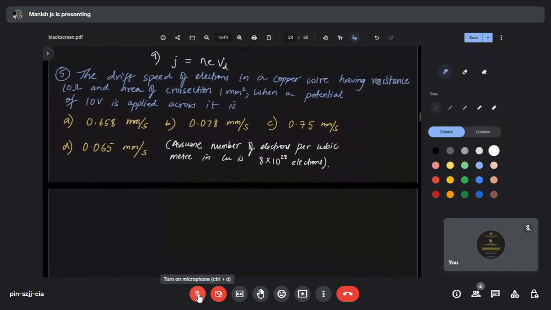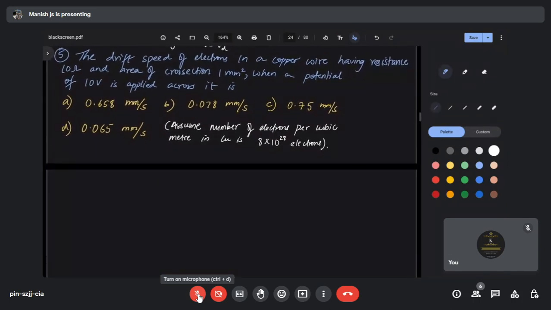Yes, so this is the question. The question in a given data, so write all the given data, appropriately use the formula and come for a conclusion. Okay, simplify panni, you can tell me what is the value that you get. Yes, try this. So they have given you the resistance R, they have given, area of cross section is given, potential is also given, potential difference is also there.